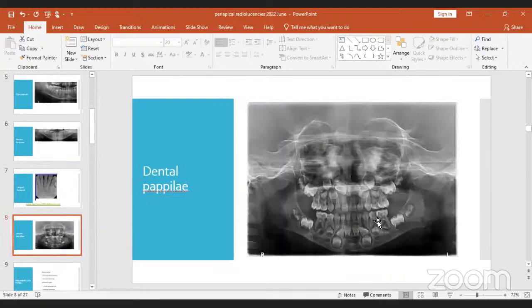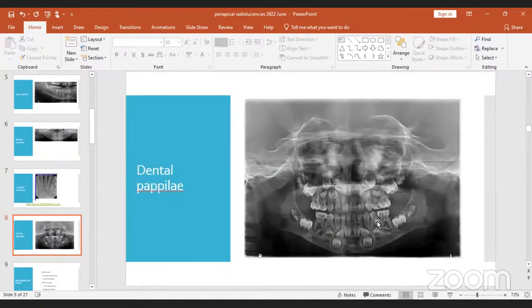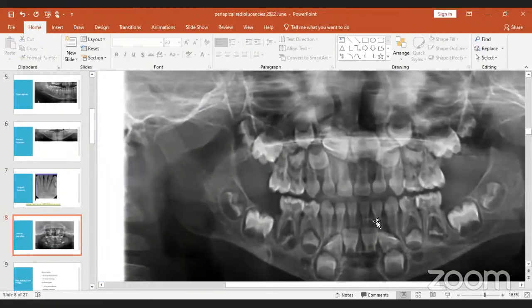Others would be the dental papilla. Let me enlarge. Look at the area of that second deciduous molar. Periapically, we have the premolar that's developing, and you can see an area of radiolucency.